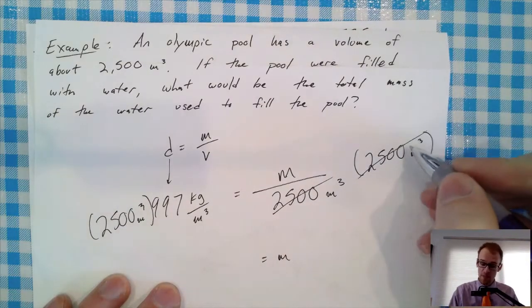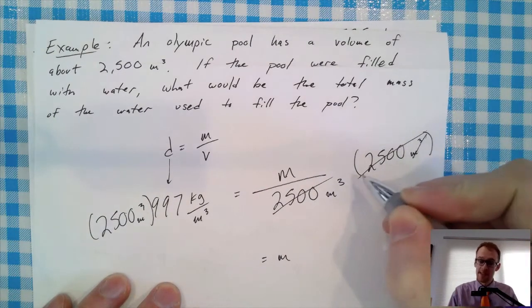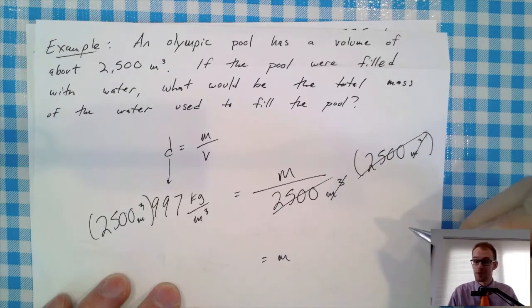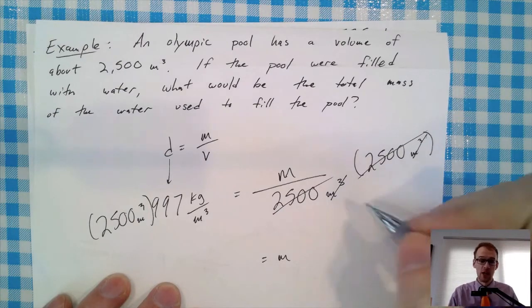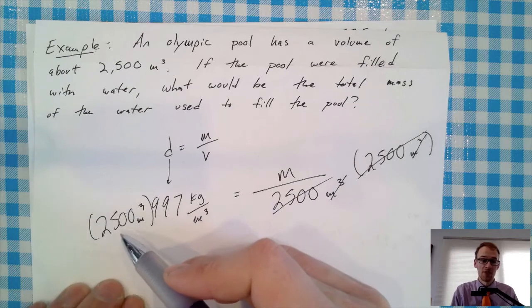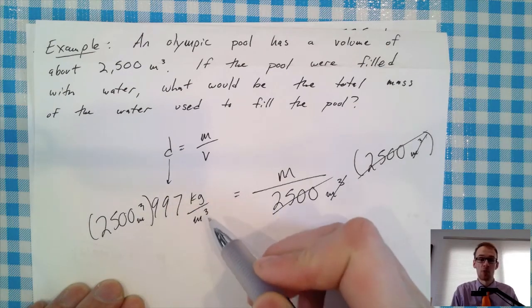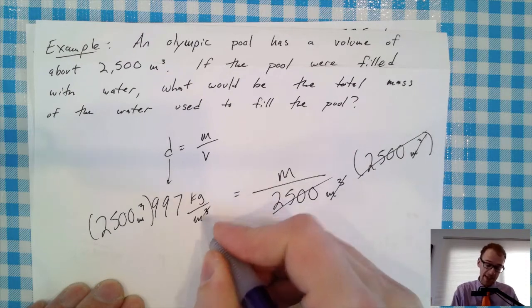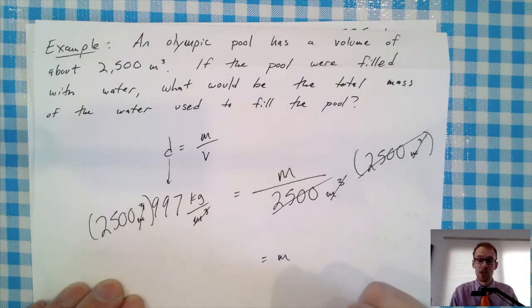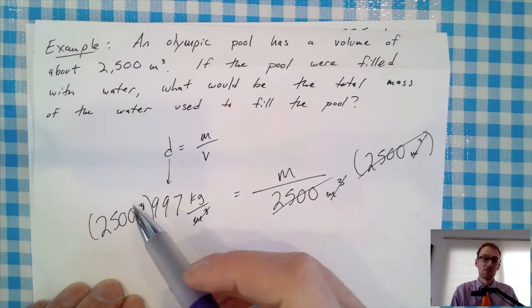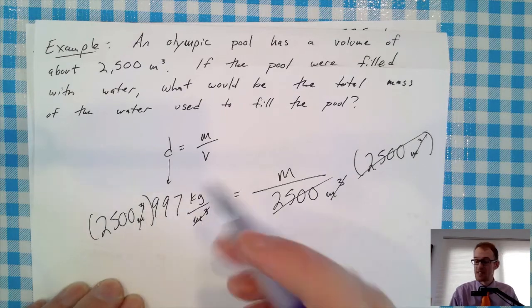Now notice the meters cubed, the units, cancel. Meters cubed divided by meters cubed is 1. Over here, I have 2,500 meters cubed times 997 kilograms per 1 meter cubed. Again, the units cancel, and I have 2,500 times 997 kilograms.